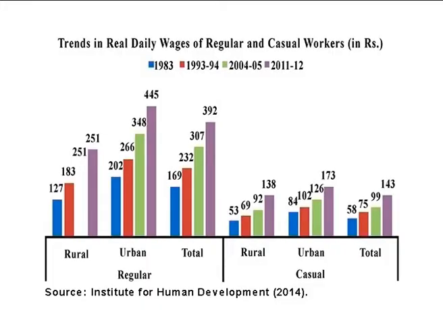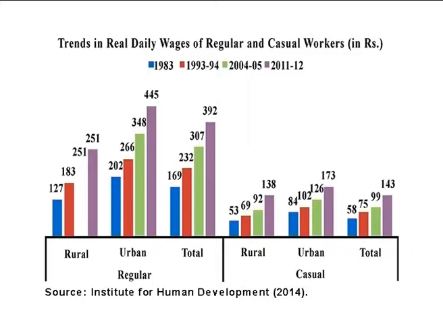The trends in real wages can be observed from figure 5. The figure clearly indicates the difference in rural urban wages for the regular as well as the casual workers. Though it seems that the wages for the casual workers have increased at a greater rate than that of the regular workers, yet they are much below than the latter.